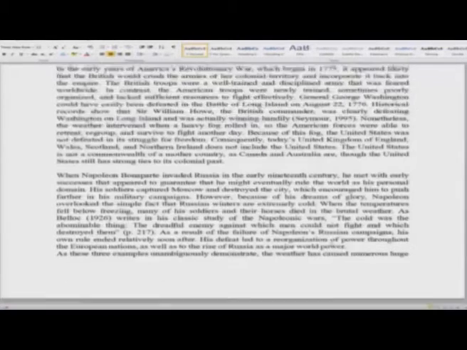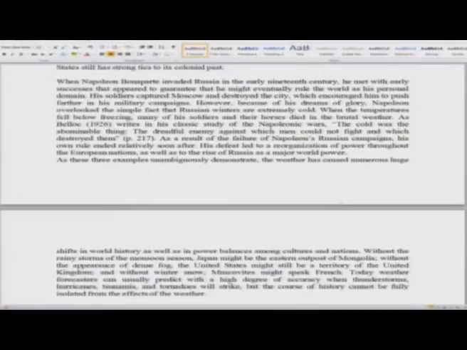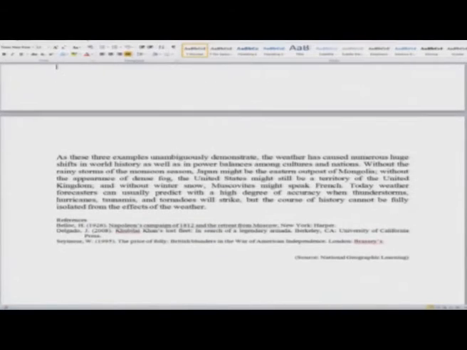And now, the concluding paragraph. So, you can see here, this is the concluding paragraph of this essay. Let us read it in detail. As these 3 examples unambiguously demonstrate, the weather has caused numerous huge shifts in world history as well as in power balances among cultures and nations. Without the rainy storms of the monsoon season, Japan might be the eastern outpost of Mongolia.